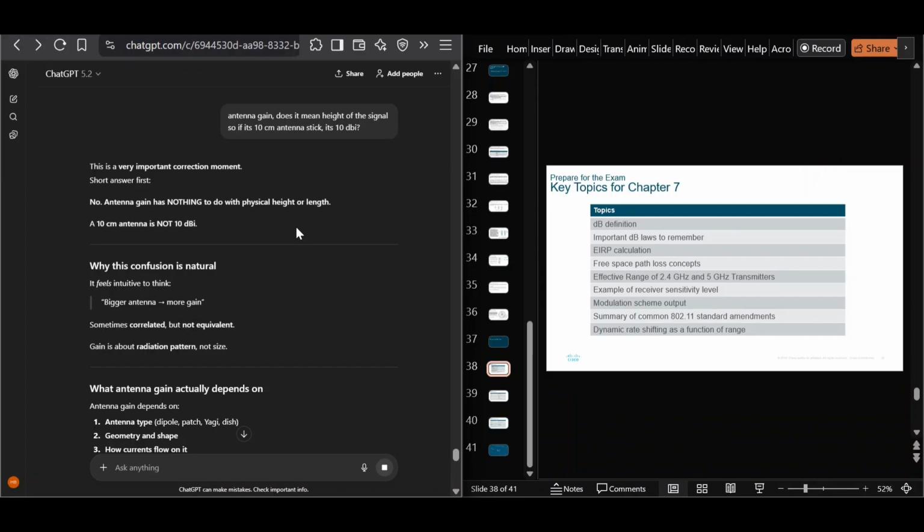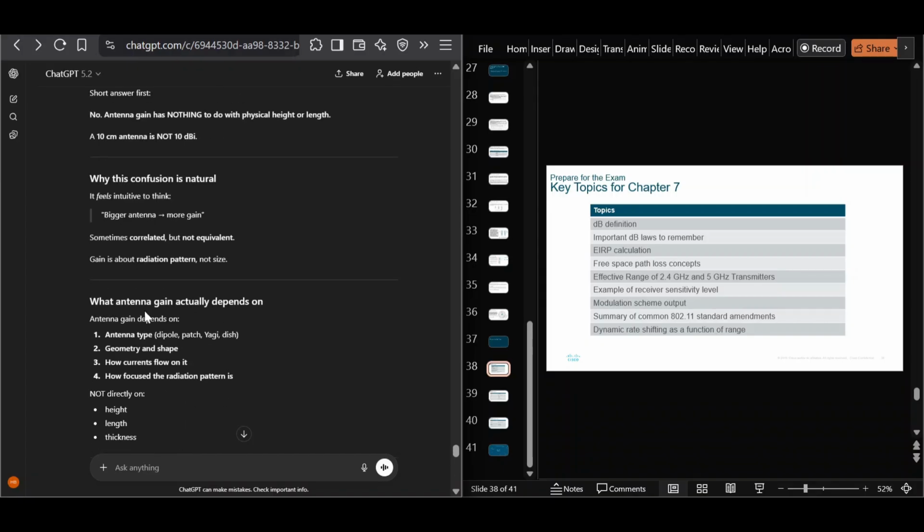It feels like a bigger antenna equals more gain, which is sometimes correct, but gain is not about size.